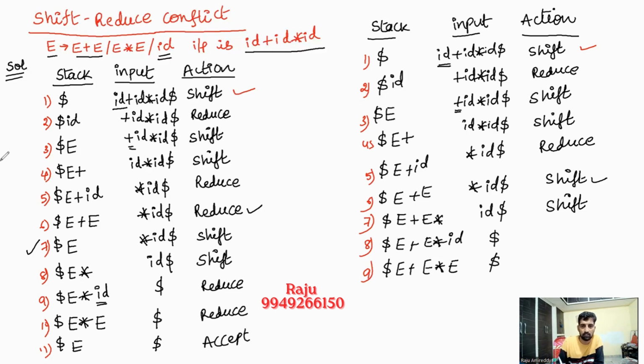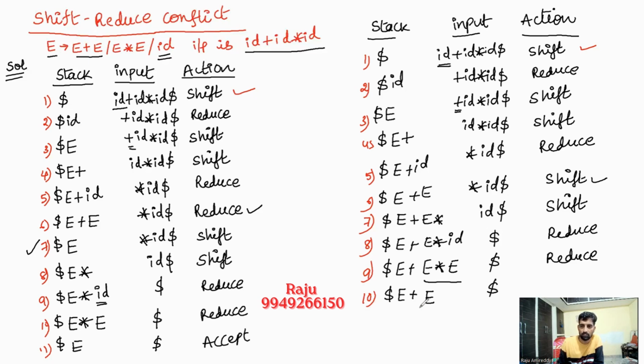So in the 10th line, dollar E. So we can write this E plus E as E. Okay. So I am writing E plus E as E. Now you see this ID will become E. This is called as reduce move. Now E plus E is converted as E. This is also called as reduce move. And this is a dollar.